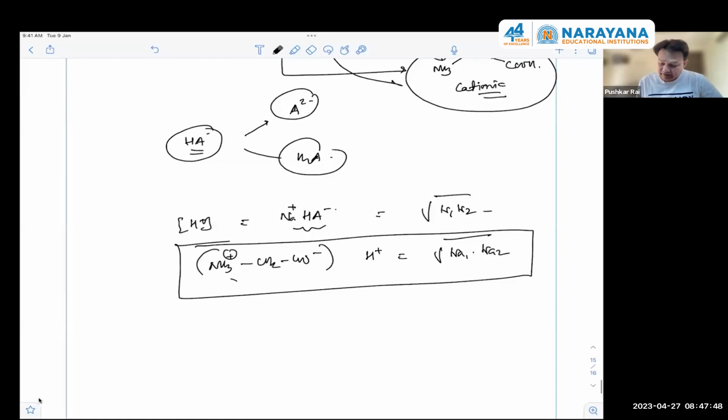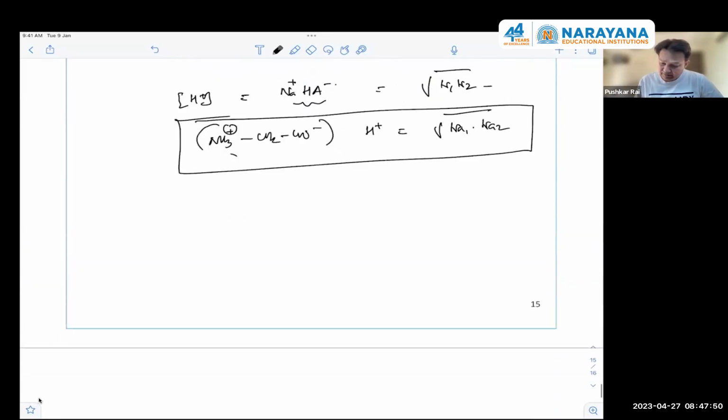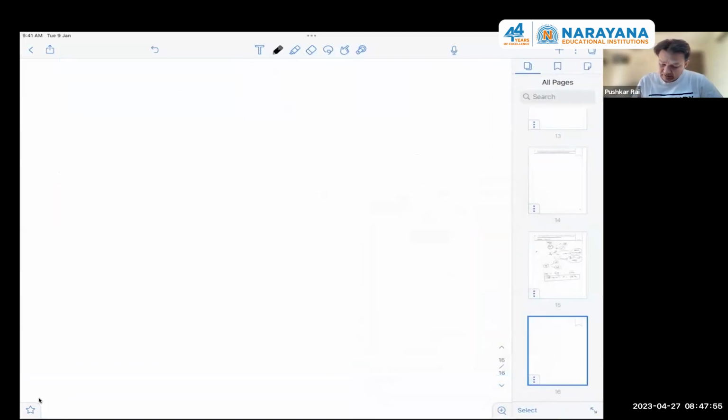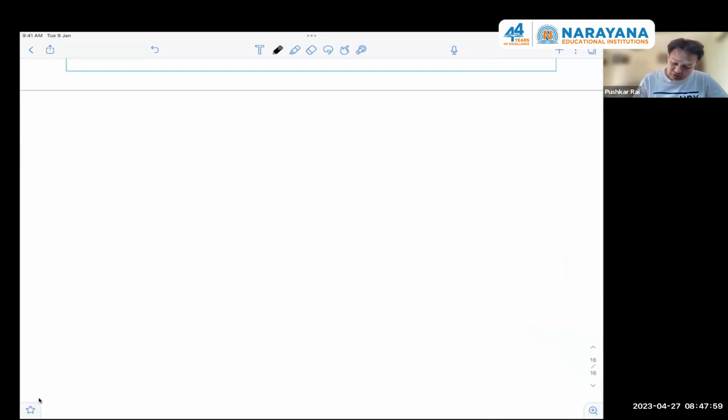But a very interesting thing is, what is the isoelectric point? The isoelectric point is the point where the anionic form must be equal to the cationic form.